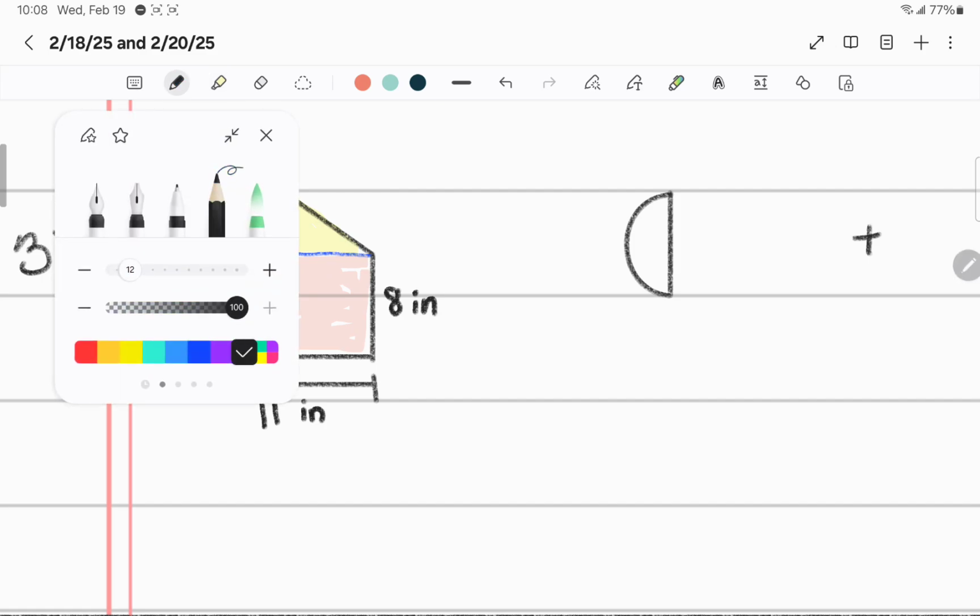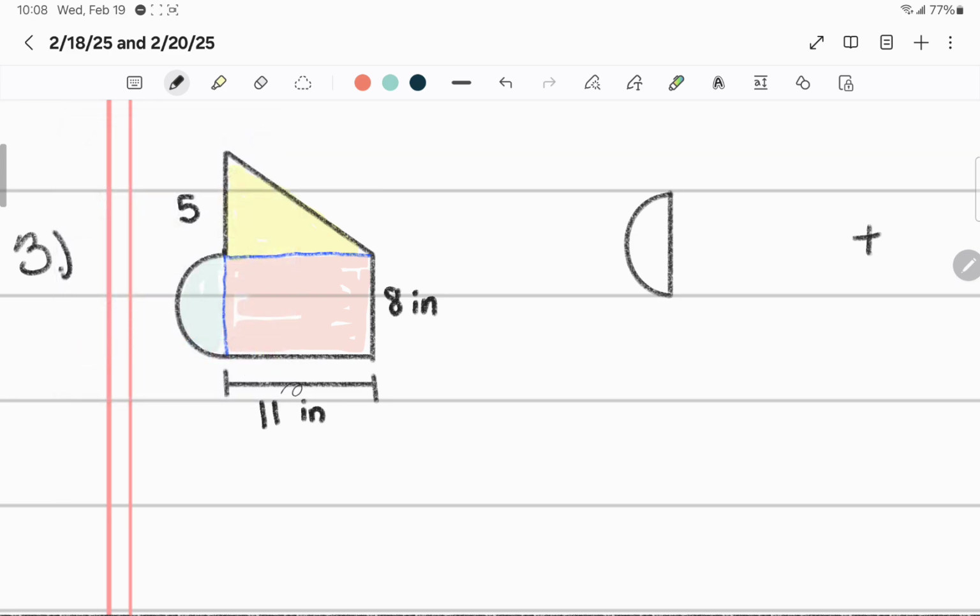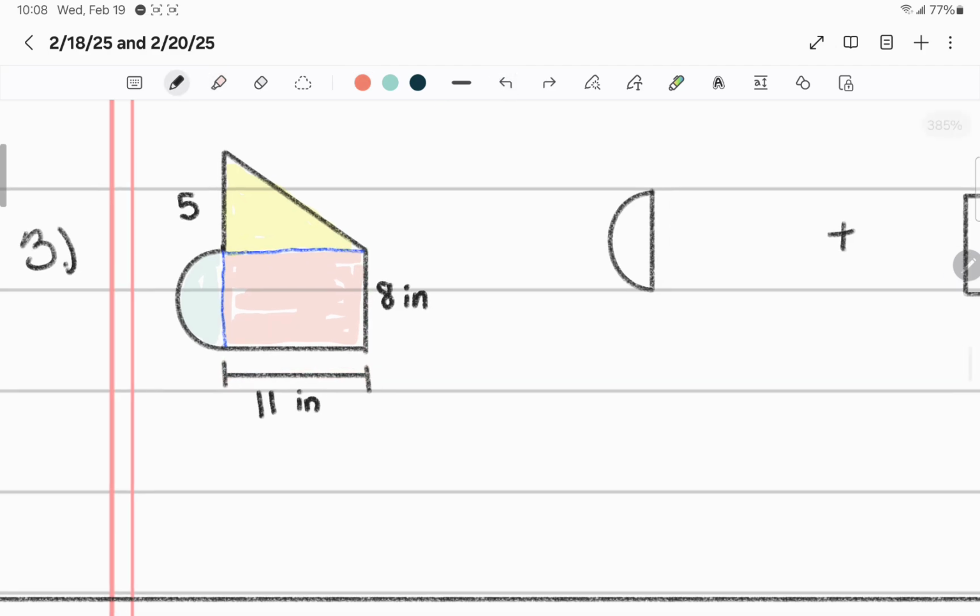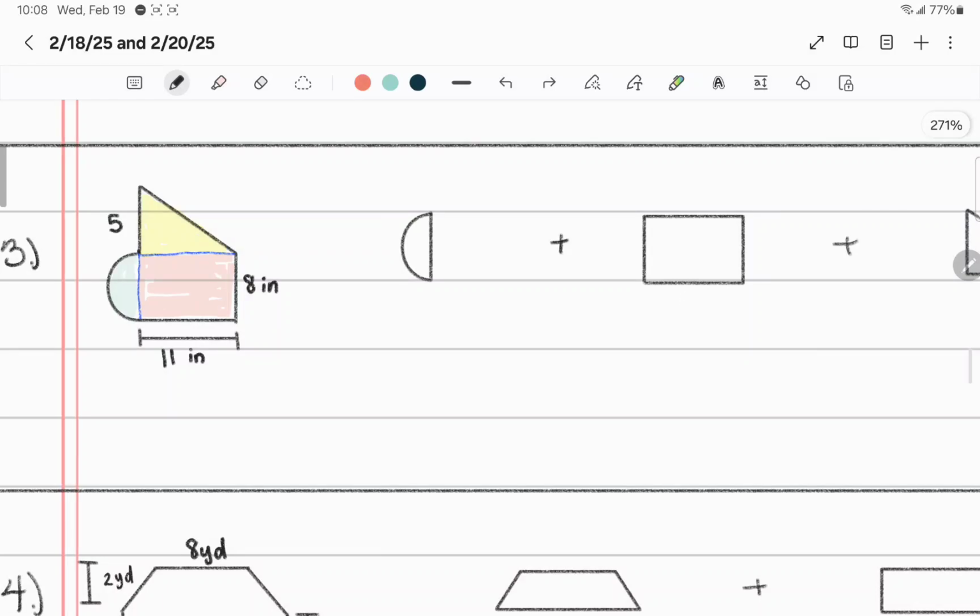Okay, so now building our numbers, right? So for the rectangle, we have 11. So 11 is right here. So it does take up that little space right here, those dimensions. And then 8 on the side. So 11, 8 would be my rectangle. So 11 here, 8 here.